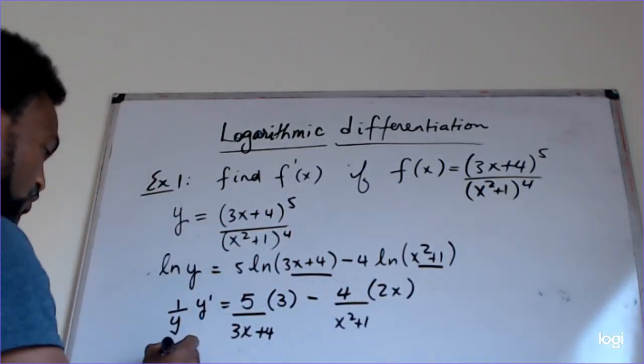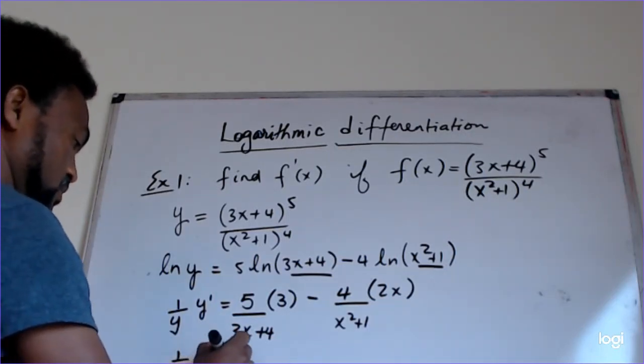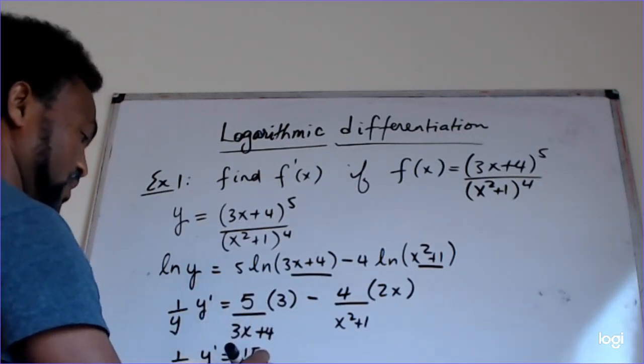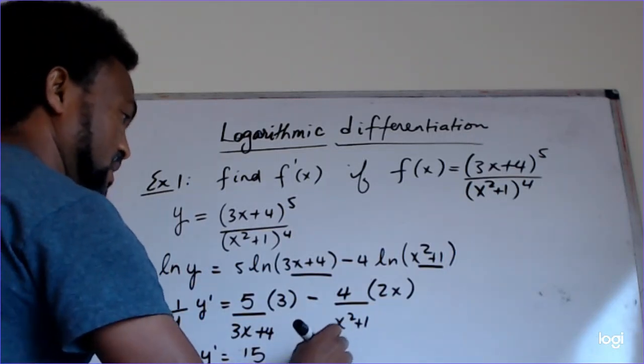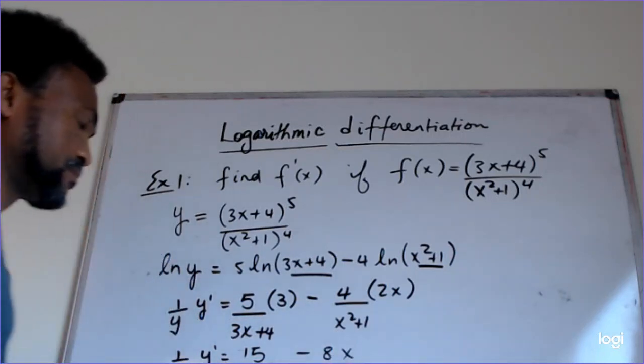Therefore, 1 over y times y prime equals 15 over (3x plus 4) minus 8x over (x squared plus 1).